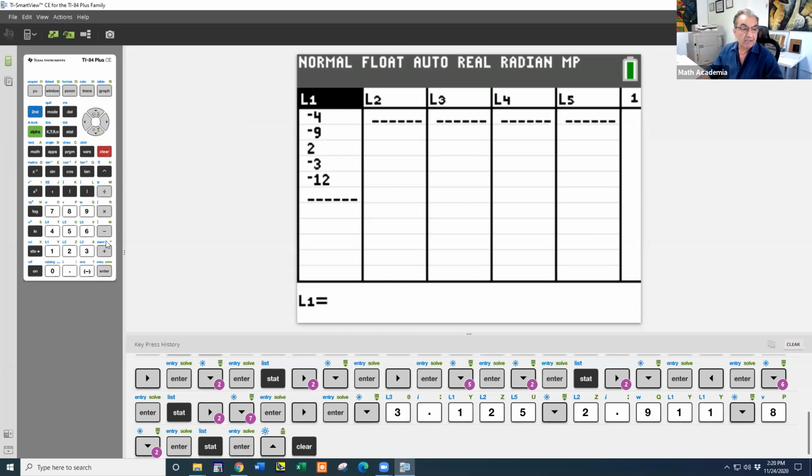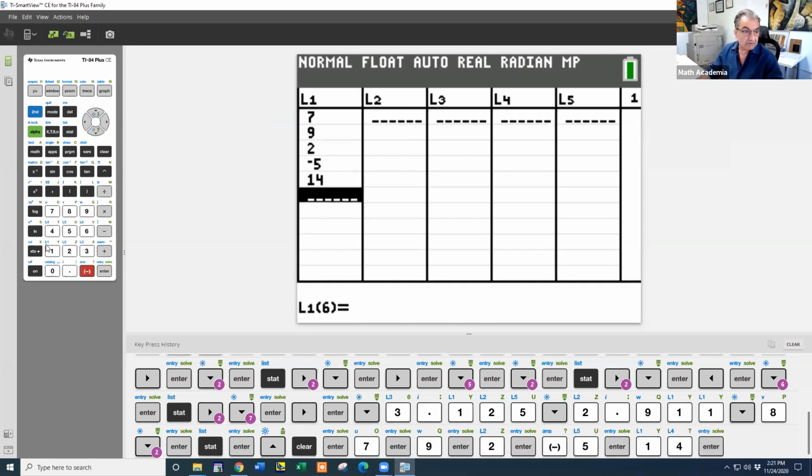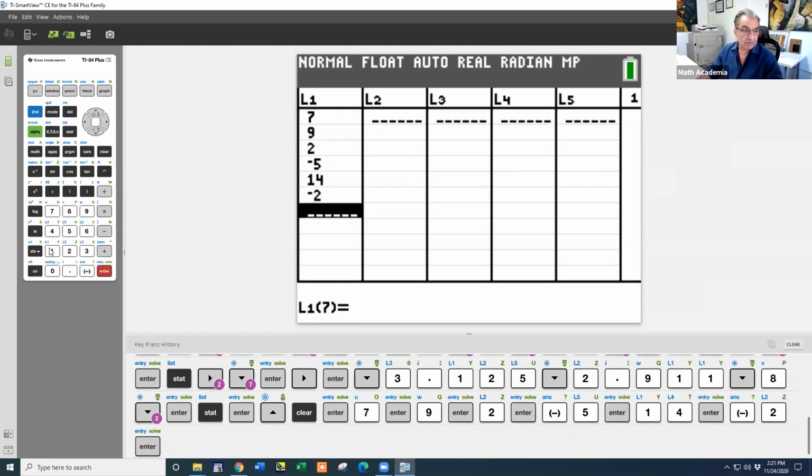Let me clear that. So our differences were 7 for the first one, 9 for the second one, 2 for the third one, negative 5, 14, negative 2, and 12.